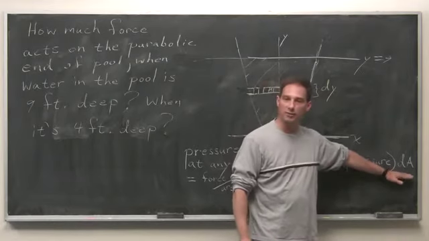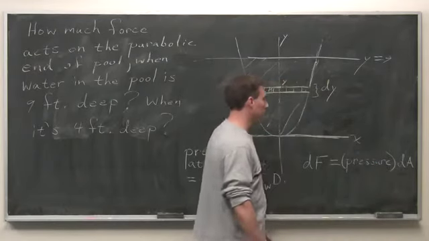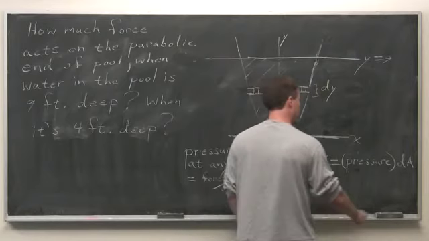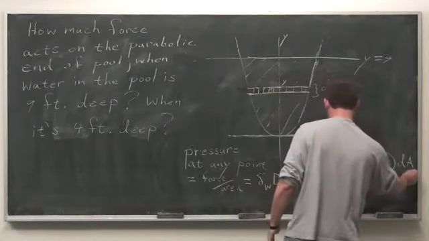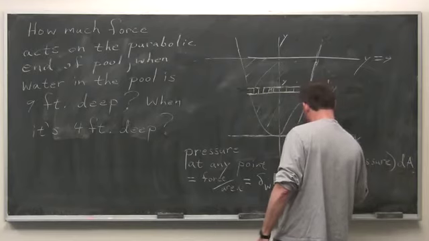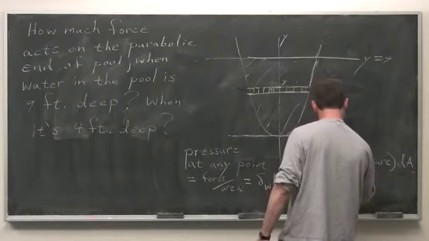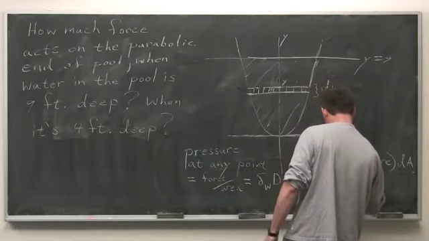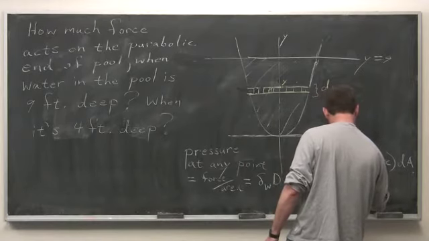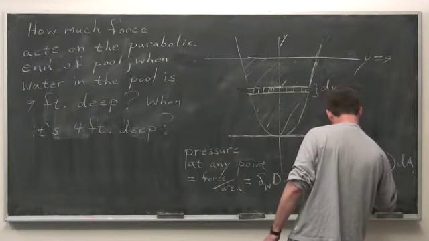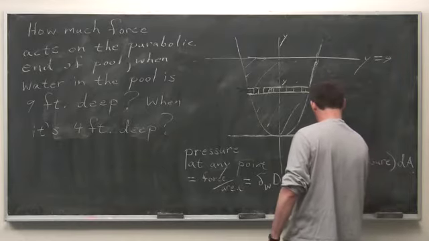You multiply times an infinitesimal little area, and you get the infinitesimal amount of force due to the hydrostatic pressure that acts on it. So we're just going to get that dF, the infinitesimal amount of force from that, is the pressure, which is delta sub W times the depth times an infinitesimal amount of area.